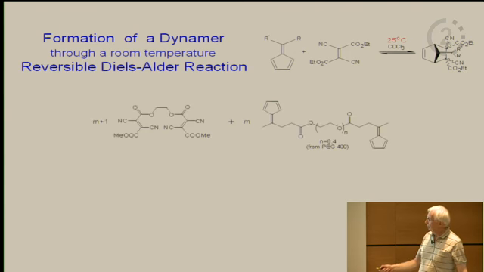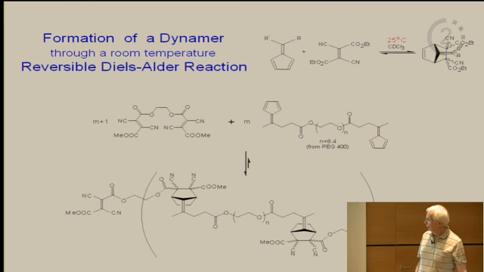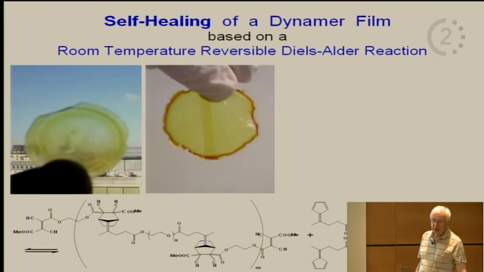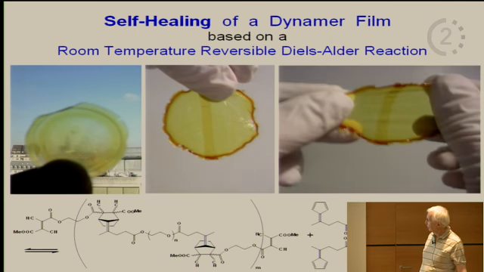This means that if you make now a monomer with two cyanoethylenes and another one with two fulvenes, you mix them, you get a polymer where the connections are all the time fully reversible. So you make a film out of it, you cut the film, you press it with your fingers, and you can pull. And it sticks. So it's self-healing.